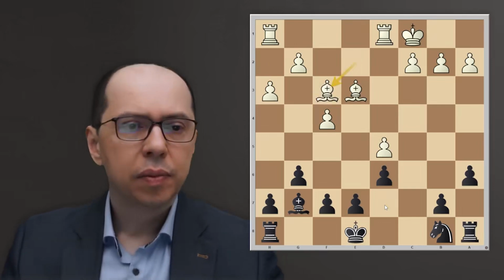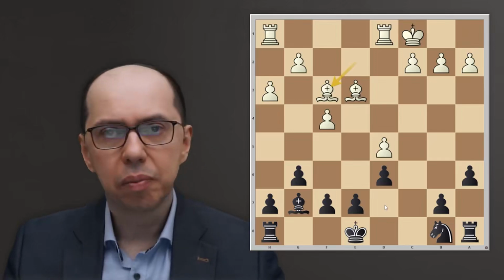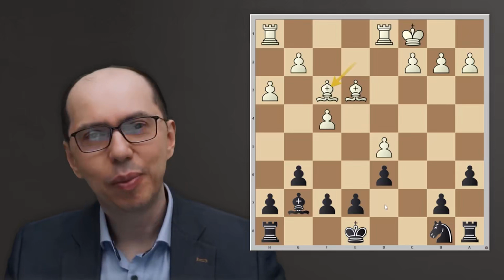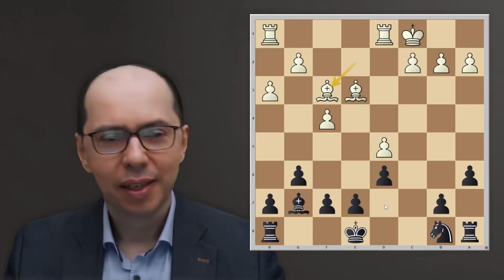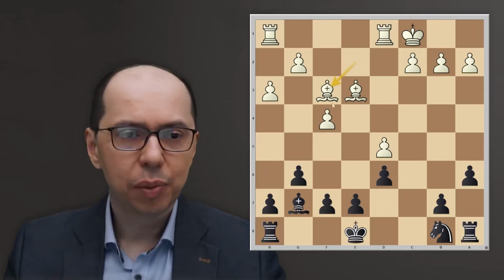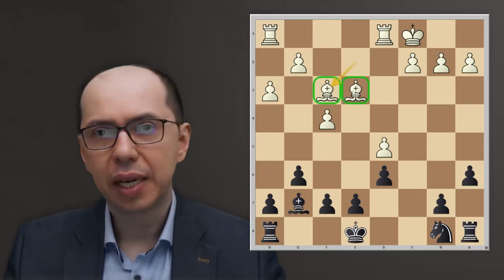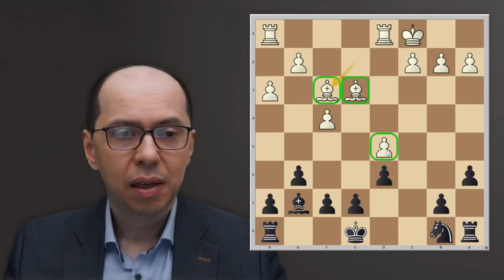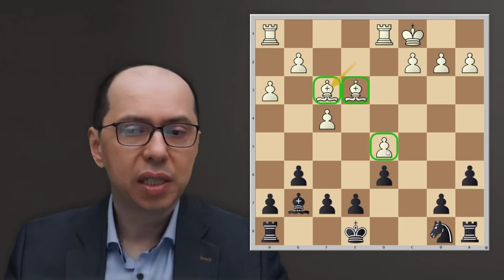And now this ending, I expect, will be up to a certain amount of debate on the forums and whatnot, because some people will say that white has the pair of bishops and maybe space, and maybe the computer says white is a bit better.